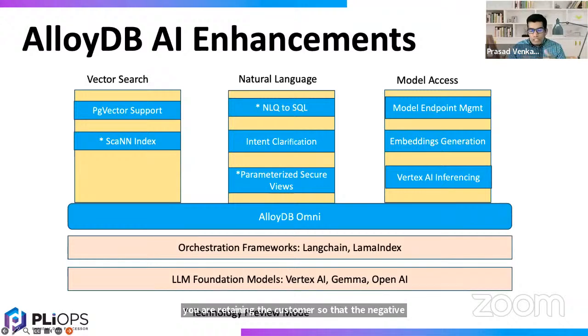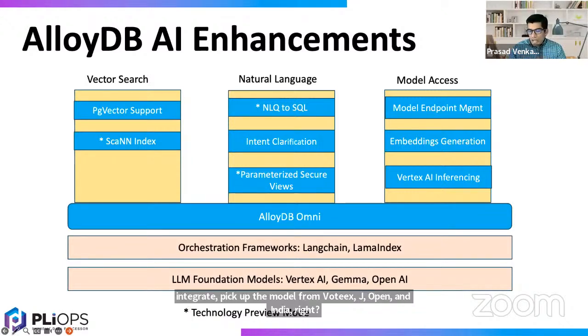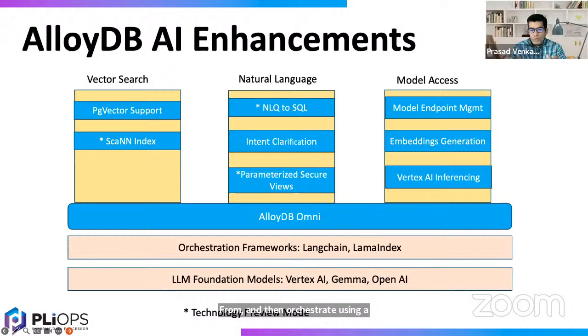So now putting this foundation layer, everything in the LLM foundation, like you have this Vertex AI, you can integrate, pick up the model from Vertex AI, Gemma, OpenAI, and then orchestrate using LangChain or LlamaIndex for building the prompt templates. Two, AlloyDB serves as a database layer for vector search with pgvector, which we talked about, and natural language, asking a simple conversation, converting it into SQL, and intent clarification.